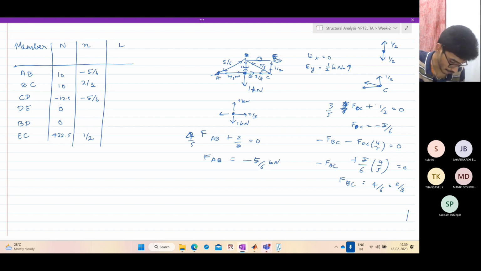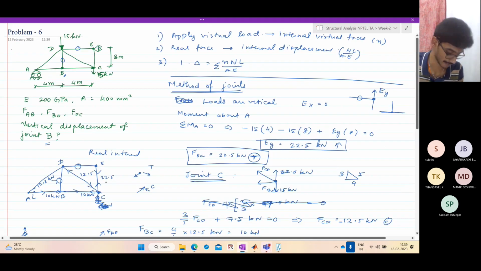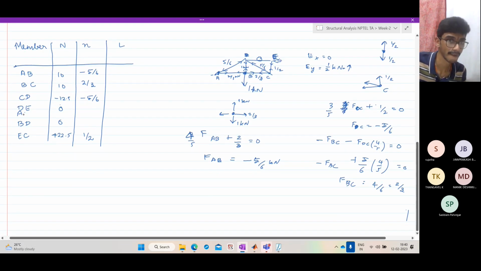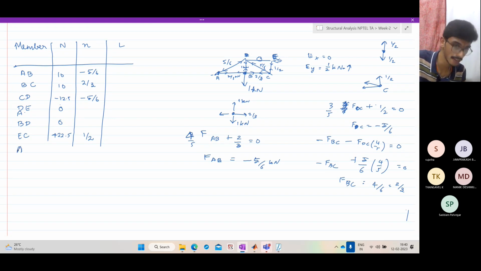Wait. FAB is 2, FAD is minus 5/6. Sorry, something went wrong with the numbering. A 1, 2, 3, 4, 5, 6, 7. Okay, I missed this AD. So there is AD here, which I missed.